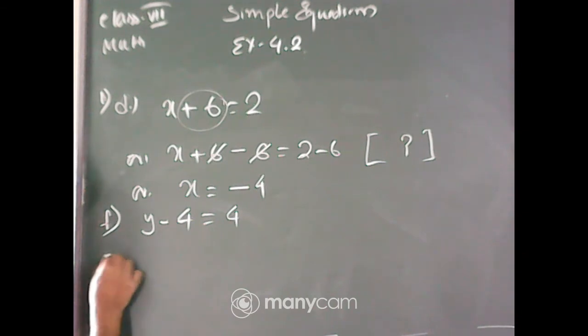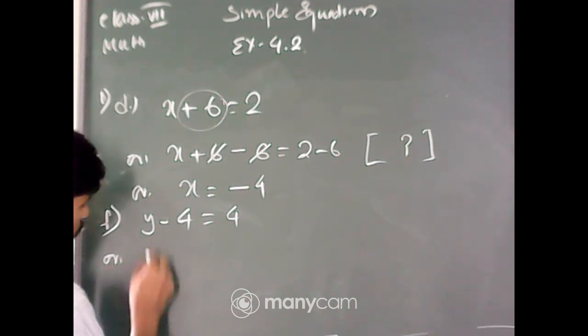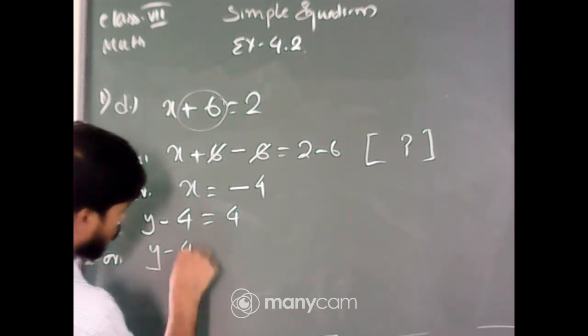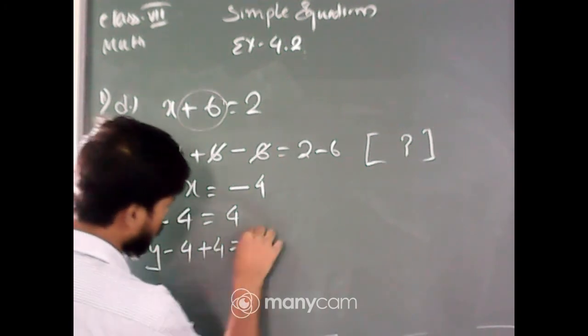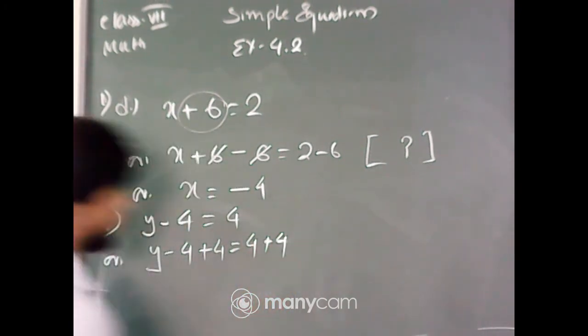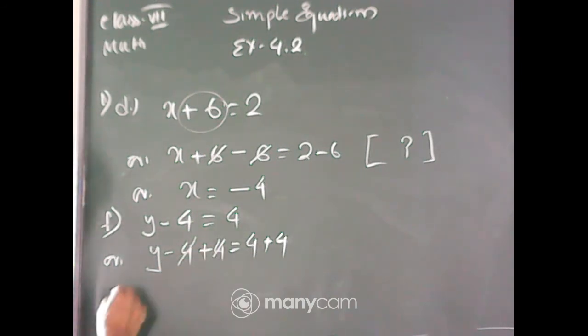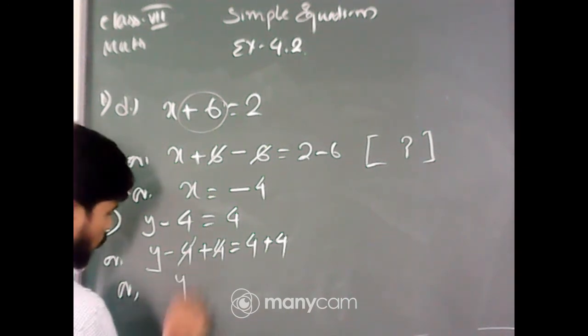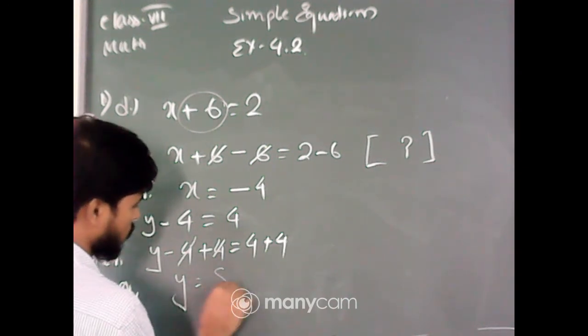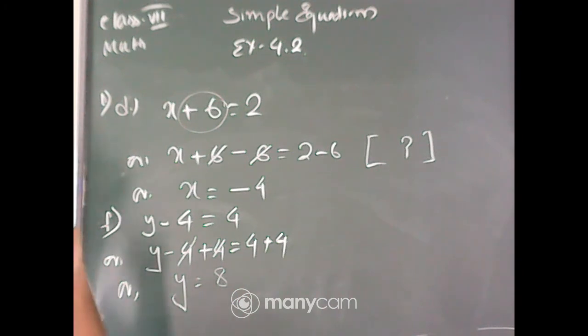To remove this minus 4, obviously we have to add 4 to both the sides. So 4 plus 4. This minus 4 and this plus 4 will cancel each other. That will imply y is equal to 4 plus 4 is 8. Y equal to 8 is the answer.